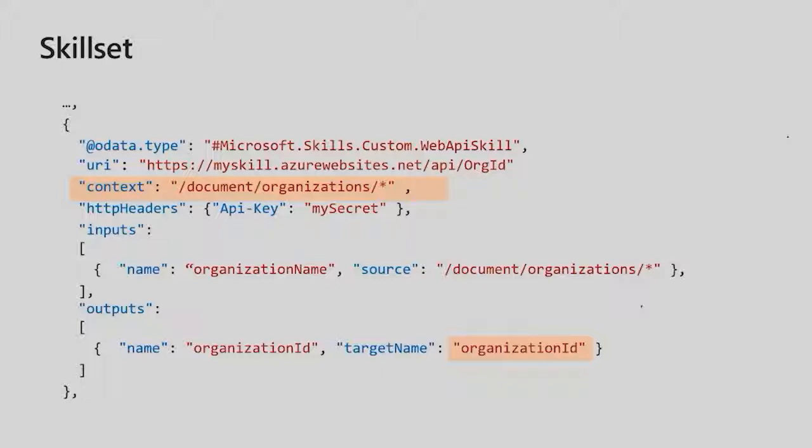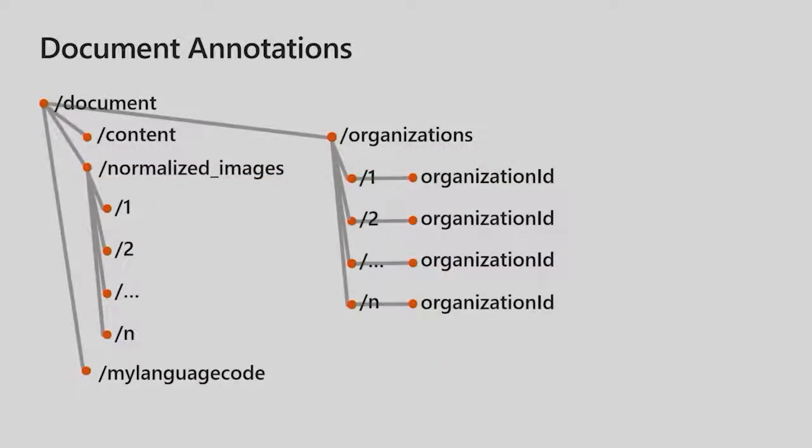But it shows that I can essentially generate an organization ID for each of the organizations, generating essentially the graph that you see on the screen right now. So with that said, I think we have enough background to actually see how to create a skill set programmatically, and Rodrigo will show us that.